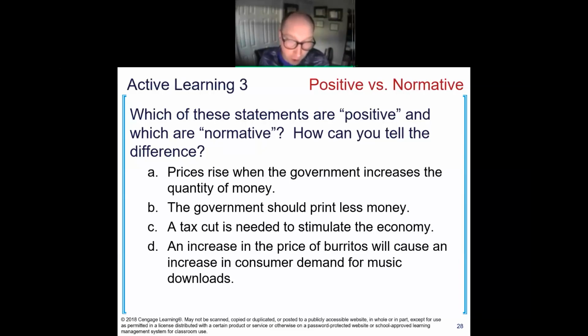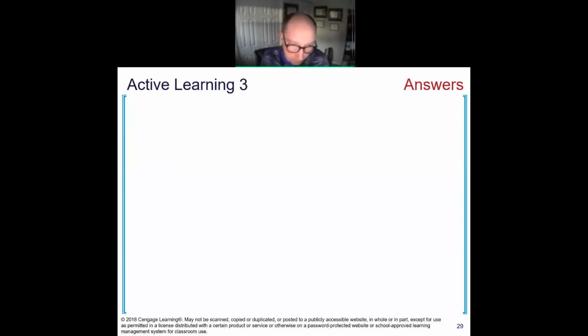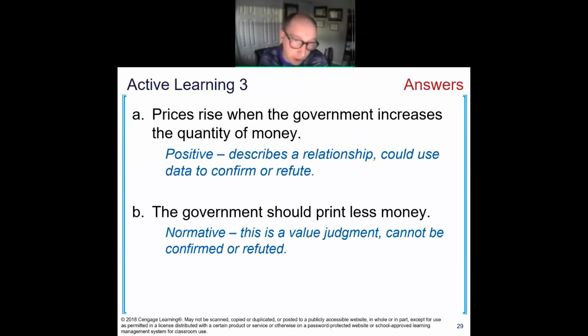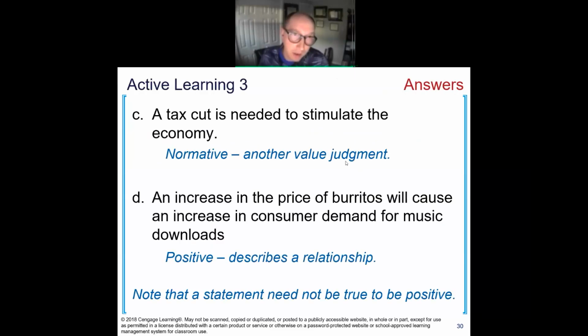And when more of one is sold, there will be an increased demand in something else. They're interrelated. Yeah? Okay. Tax cuts are normative. The relationship between burritos and music downloads is an intrinsic relationship between two separate products.